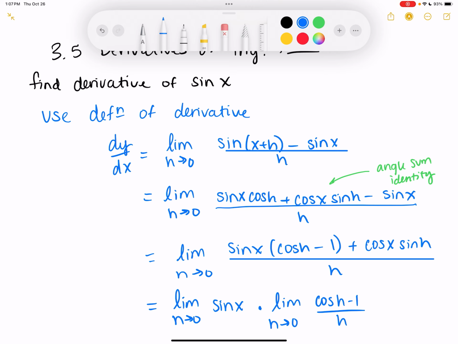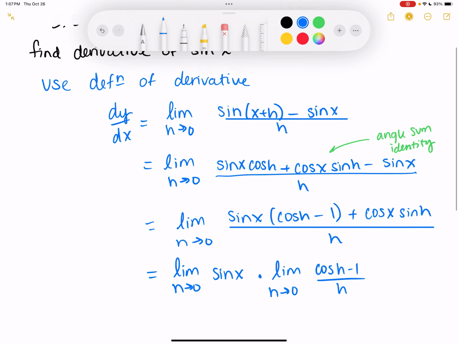Basically I'm splitting this into two separate fractions: the sine x times cosine h minus 1 over h plus cosine x sine h over h, and I'm just splitting it up now within the limits.